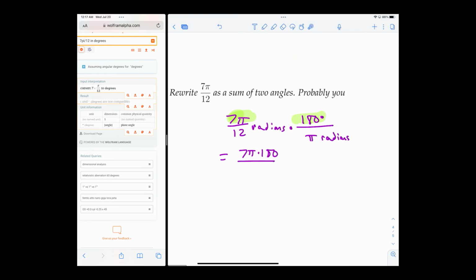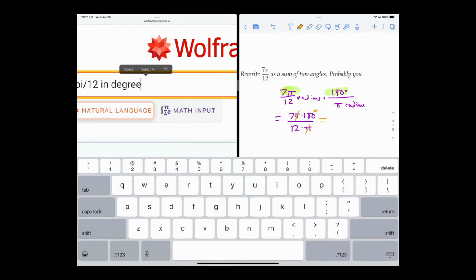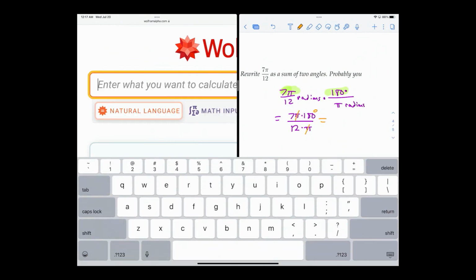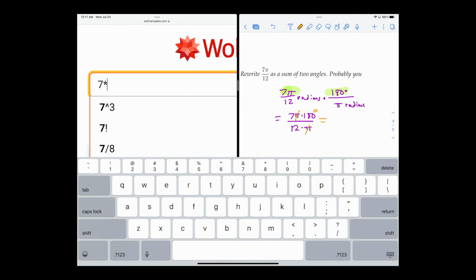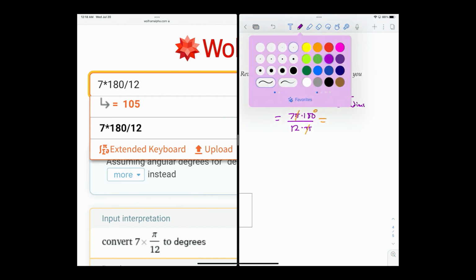And when you multiply across the bottom, you have 12 pi. Pi's cancel. So what we're going to get is 7 times 180 divided by 12. 105 degrees.